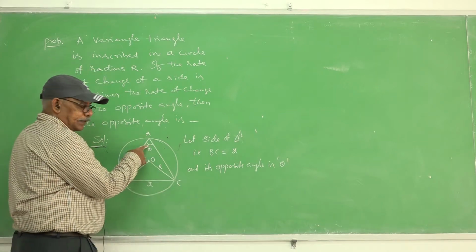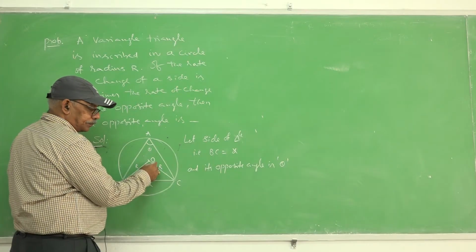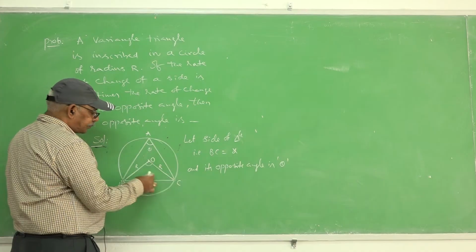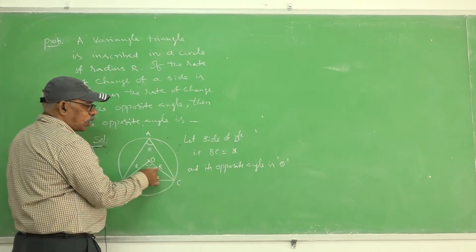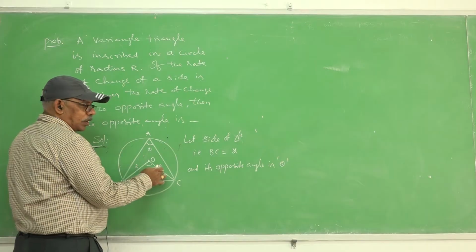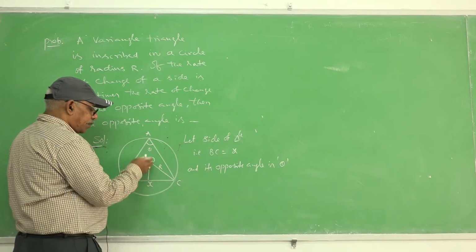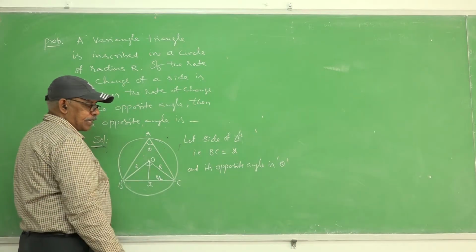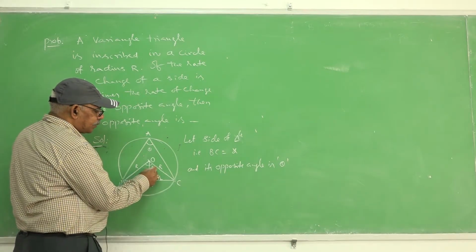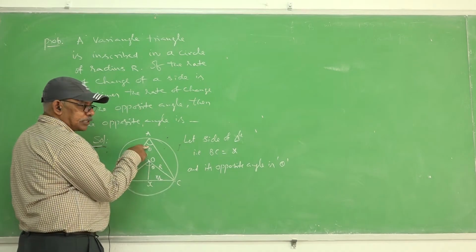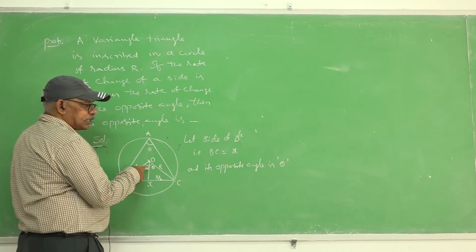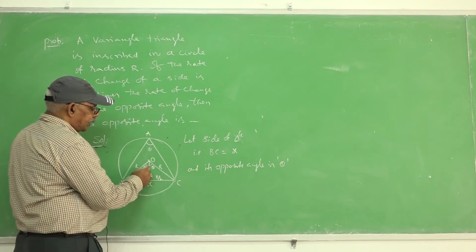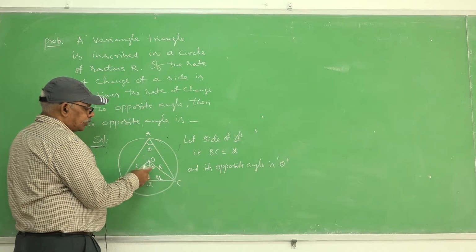Once this is theta, clearly this is 2 theta. OB equals OC, these two are radii of the circle, R and R. Once you drop the perpendicular, it bisects the chord, hence it becomes x by 2. And this angle becomes theta, because out of 2 theta, half to the top is theta.